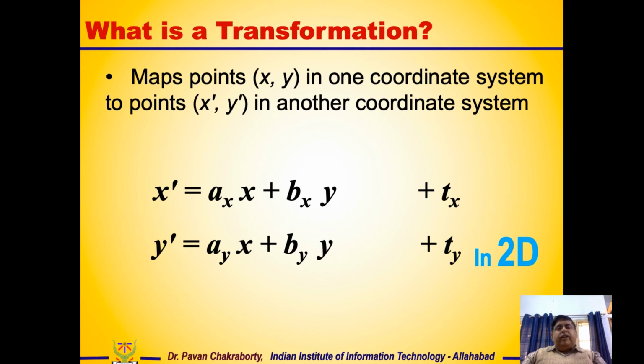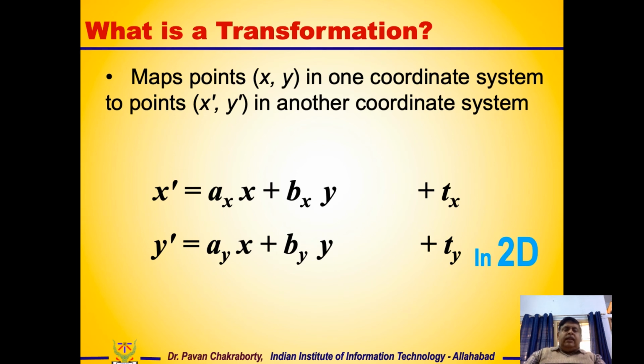So I have a transformation here. I have some value x which I would like to show as a value x prime. And this I would say is a linear transformation.